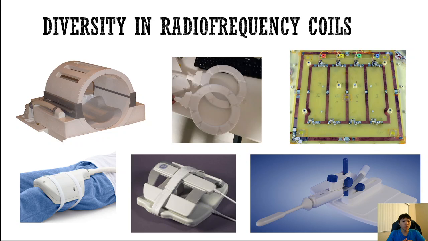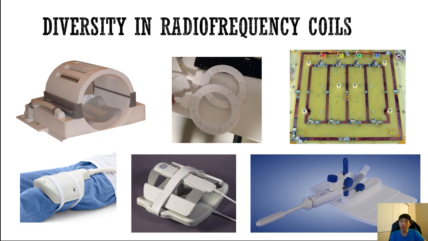And then at the bottom left, we have a knee coil. This is specifically for looking at the knee or the kneecap or the upper thigh. And then in the bottom middle, we have a top and bottom leg coil. These provide a bit more homogeneous signal acquisition. And then on the bottom right is an endorectal coil.